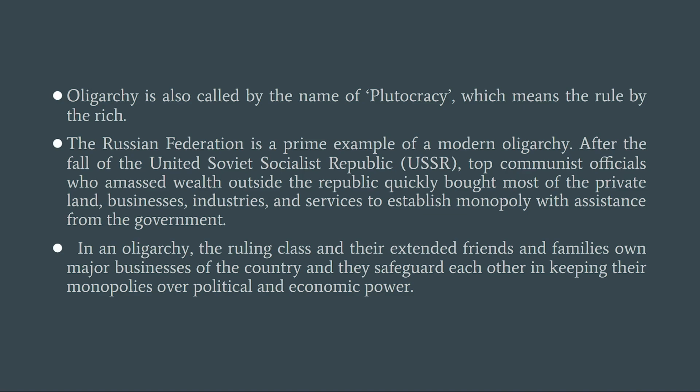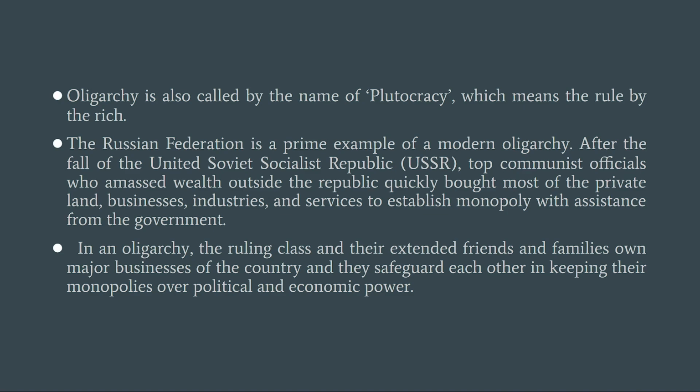For example, in the lands of Switzerland, there are relaxed rules regarding bank accounts. So they take the money from their country and amass it in Swiss banks. When the Socialist Republic fell, they brought the money back and bought everything that they could from the government, because they had better connection with the government.